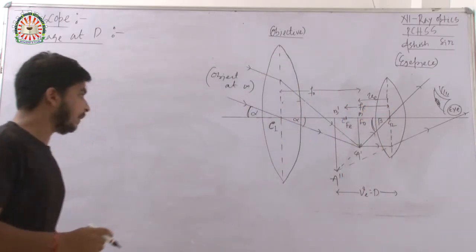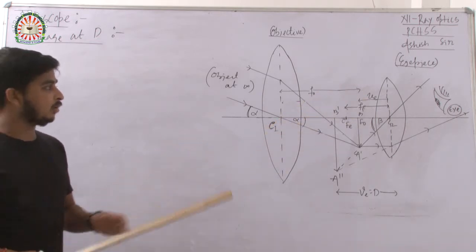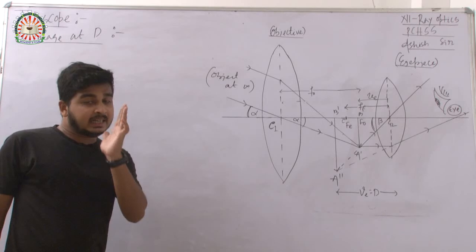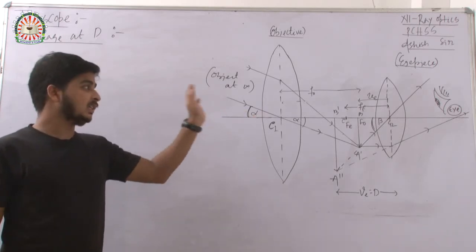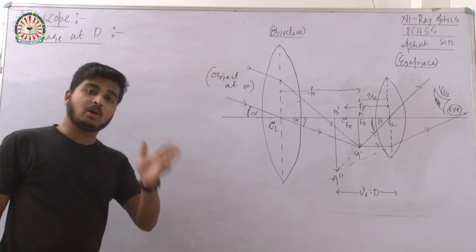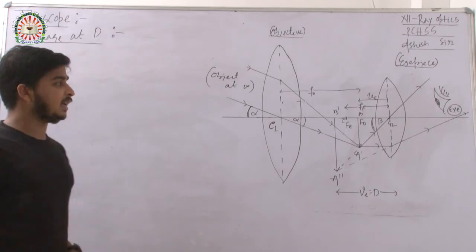So this is FE. I am again going to tell you that the image A'B' is formed inside the focus of the eyepiece. In the previous case, the image is formed on the focus of the eyepiece, but here the image is formed inside the focus.